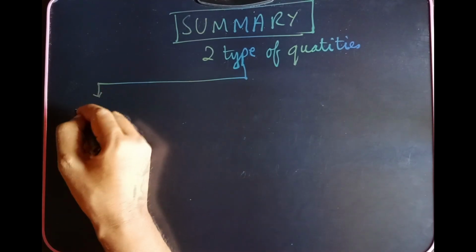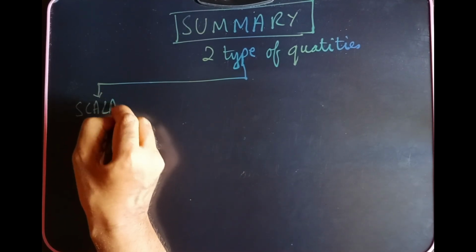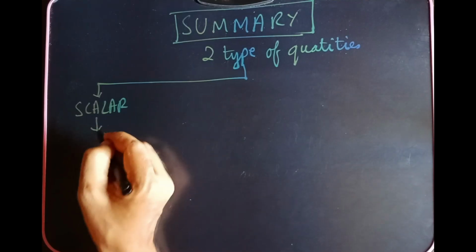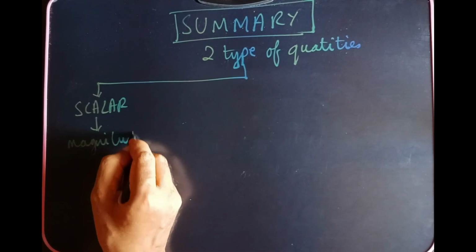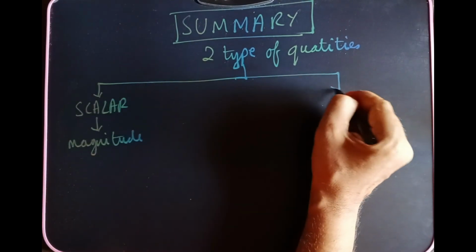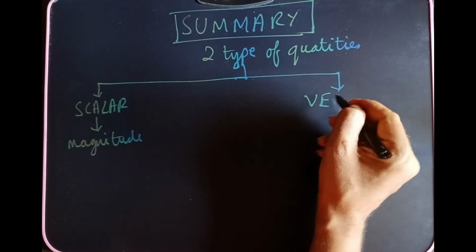One is a scalar, that means scalar has just the magnitude, and vector, which is a little more detailed.